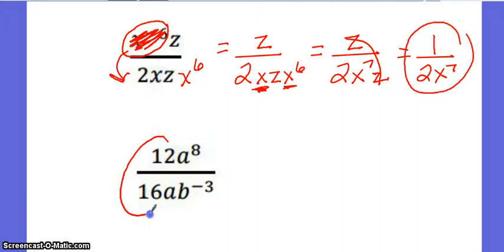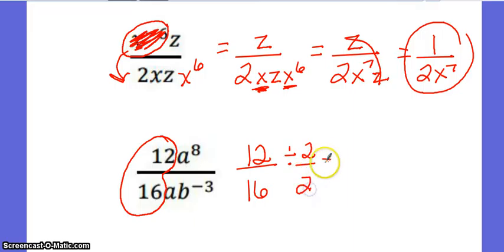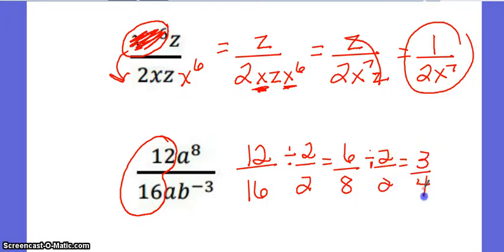Okay, again here, just look at these whole numbers first. If you were just reducing 12 over 16, they can both go into 2, if that's easier, which is going to give you 6 over 8. And then those can both go into 2, which is actually 3/4. Or you could have started from 4 from the beginning, but that's going to be 3/4.